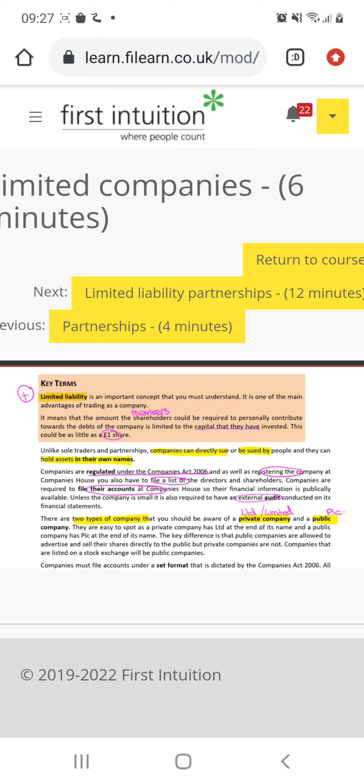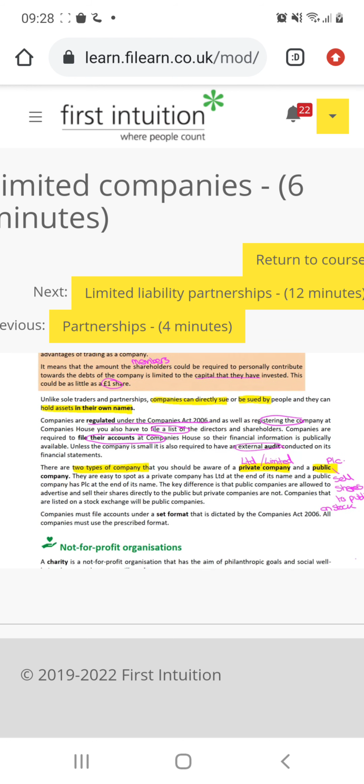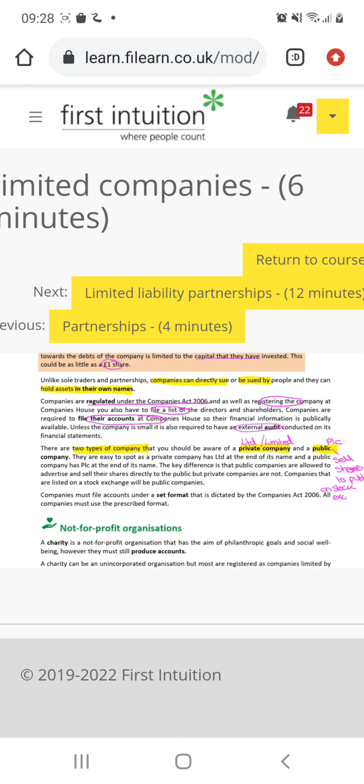The key difference is that public companies are allowed to sell their shares publicly, selling shares to the public on the stock exchange, whereas our private companies are not. Companies that are listed on the stock exchange are our public companies, our PLCs.